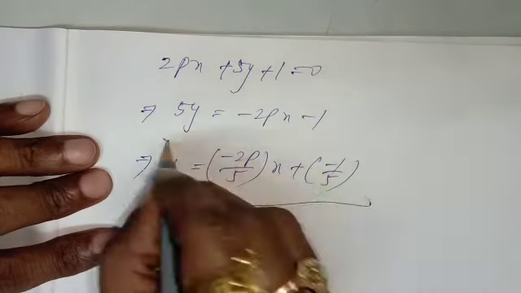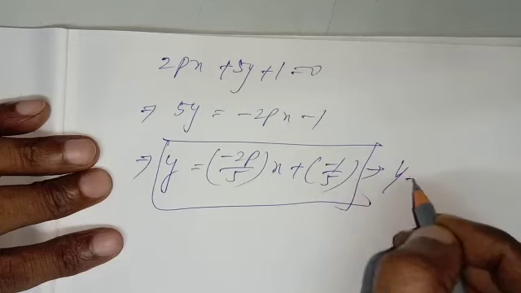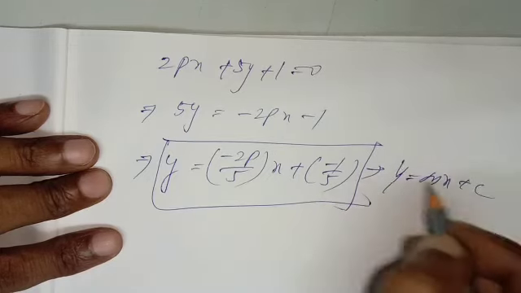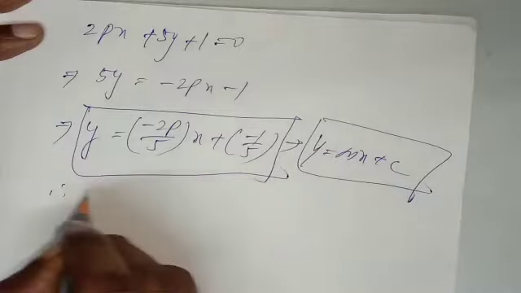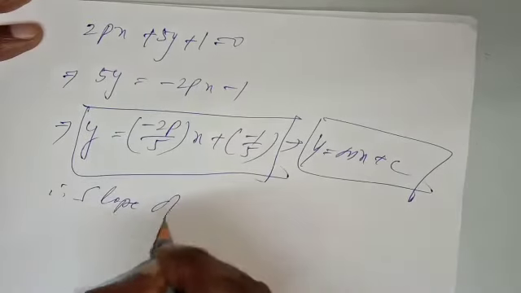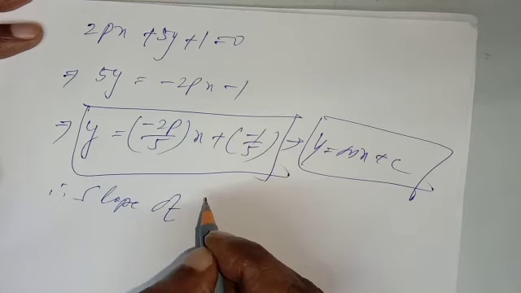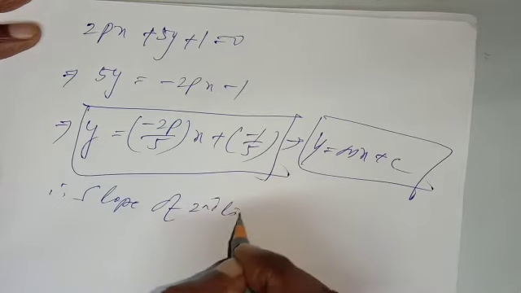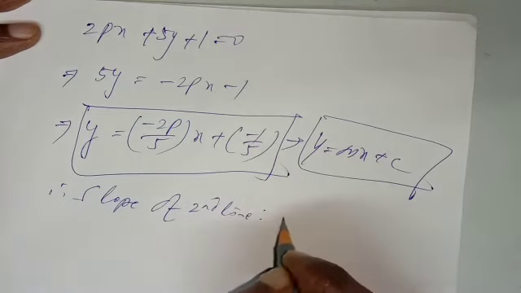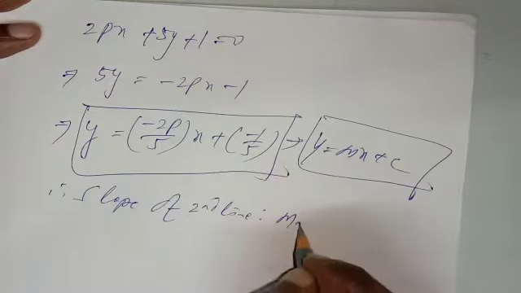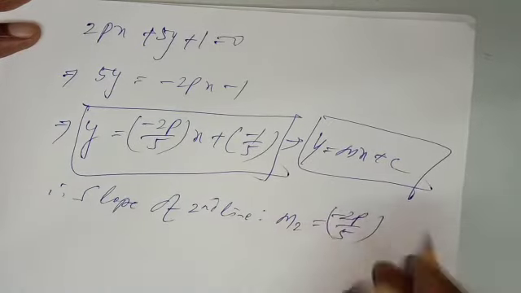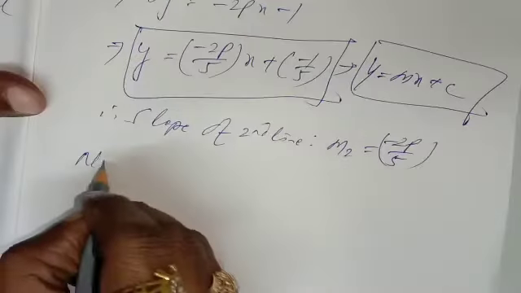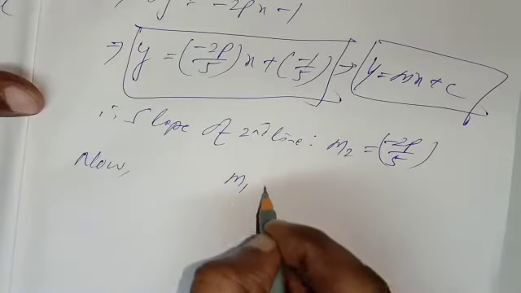You have to compare with the normal form, y is equal to mx plus c. So what is the slope of this line? Therefore slope of the second line, that is m2, how much? Minus 2p by 5.